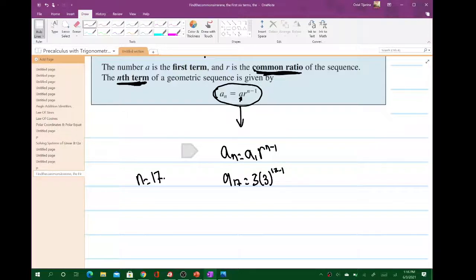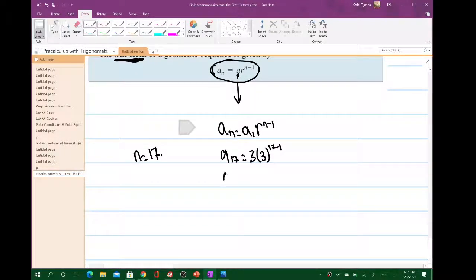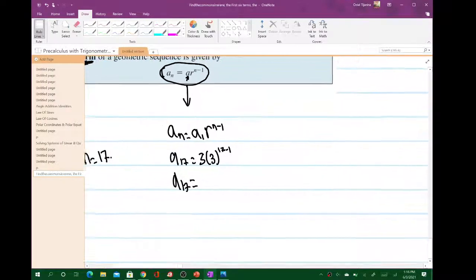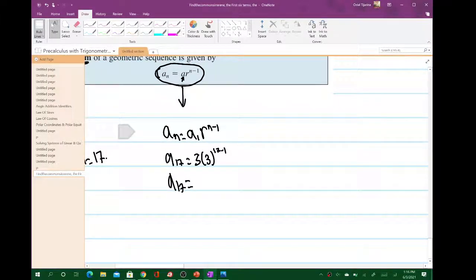In reality, the 17th term, if you want to do this in an algebraic way, like if you remember from algebra, is 3 to the first times 3 to the 16th, and you can use laws of exponents.